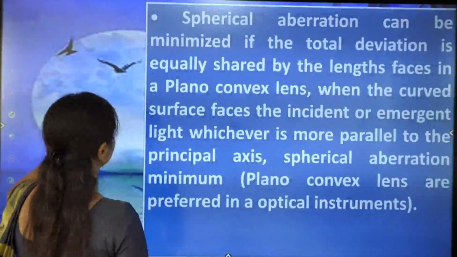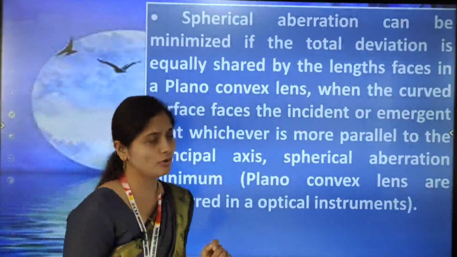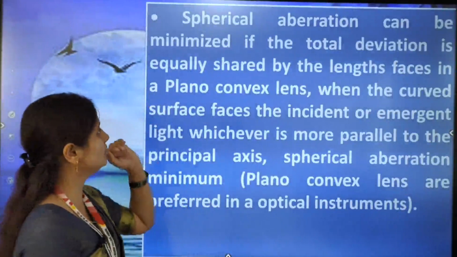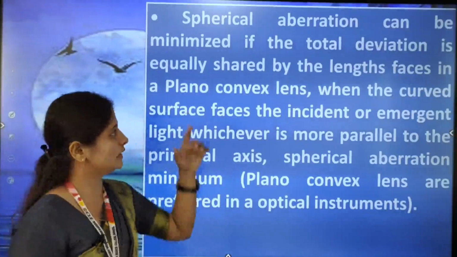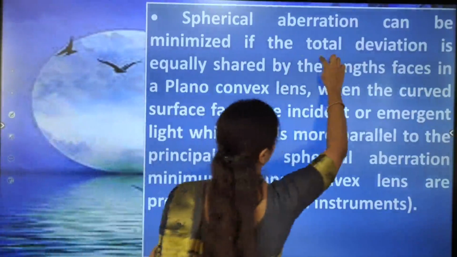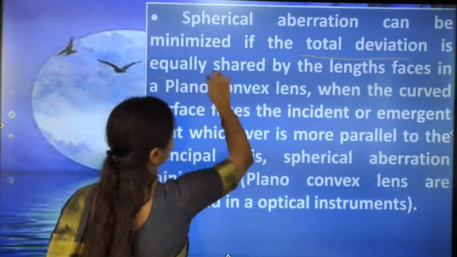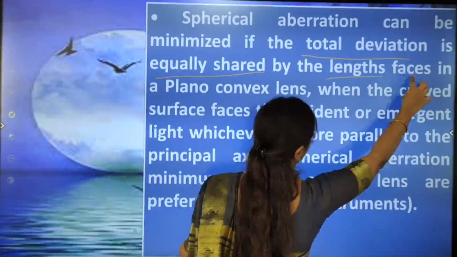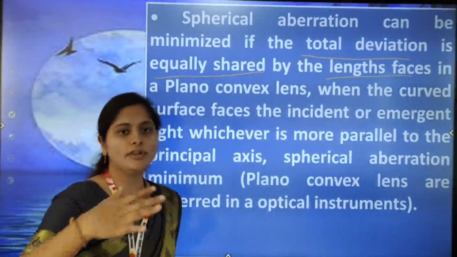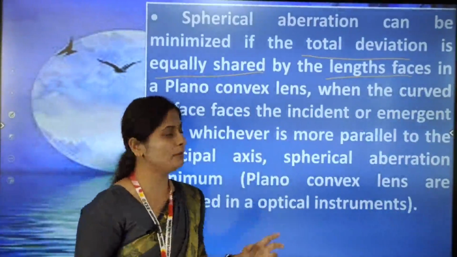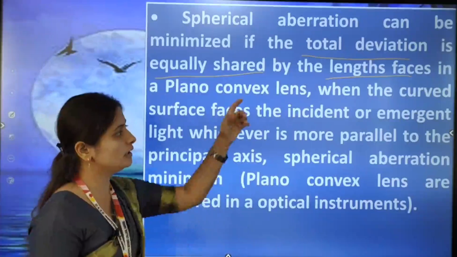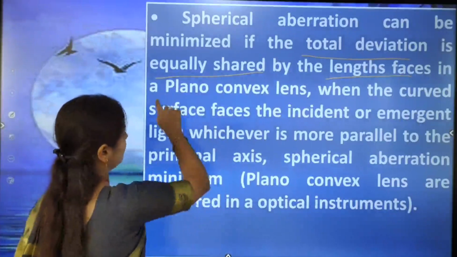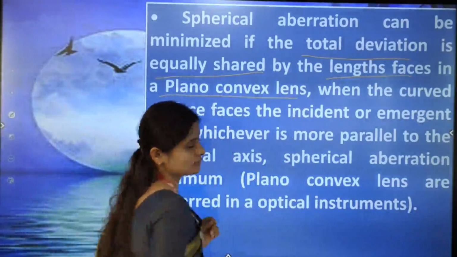We'll see the next, third point. Spherical aberration can be minimized if the total deviation is equally shared by the lens faces, in a plano-convex lens.